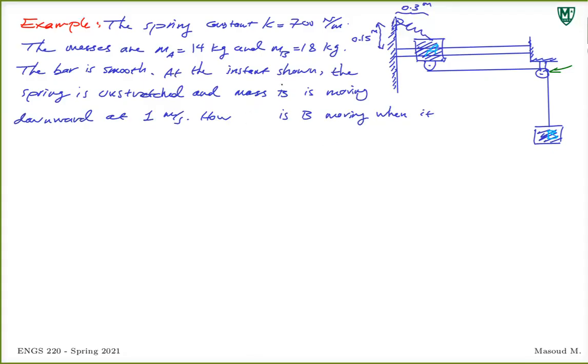Is how fast. That's why it didn't make sense. How fast is B moving when it has moved 0.2 meters from its position.